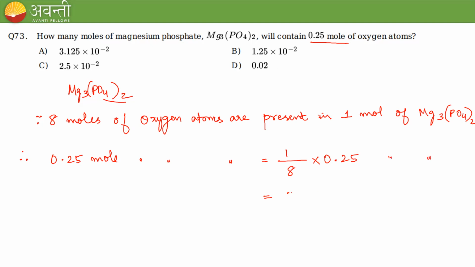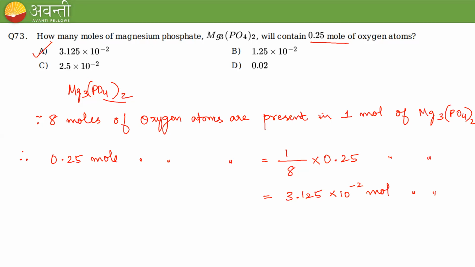So it will be equal to 3.125 into 10 to the power minus 2 mole of magnesium phosphate. Okay, just cross multiplication. 8 moles of oxygen are present in 1 mole of this compound, and 0.25 mole is present in how much? So it is option A. Option A is the correct answer.